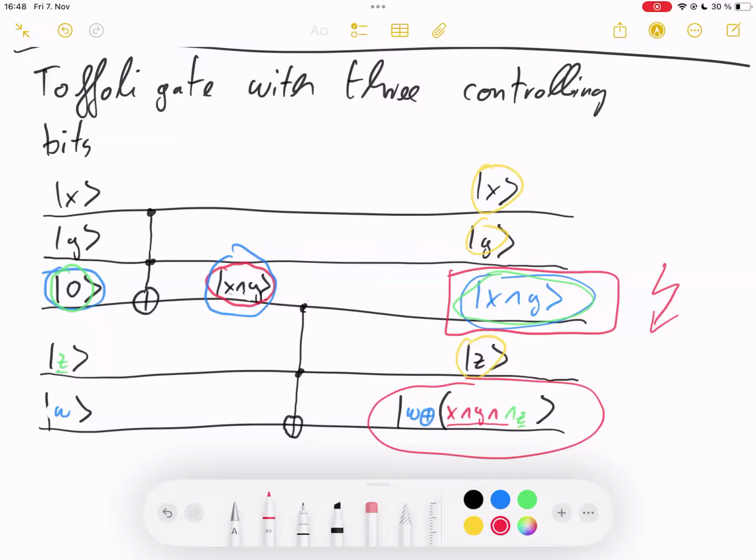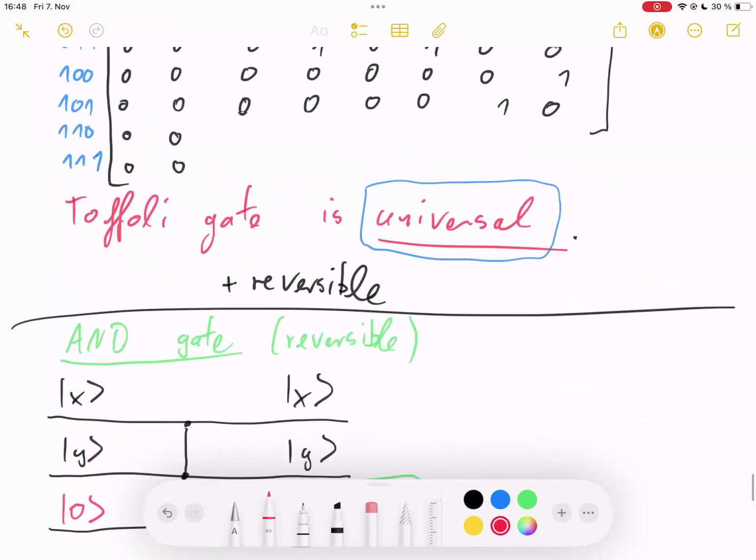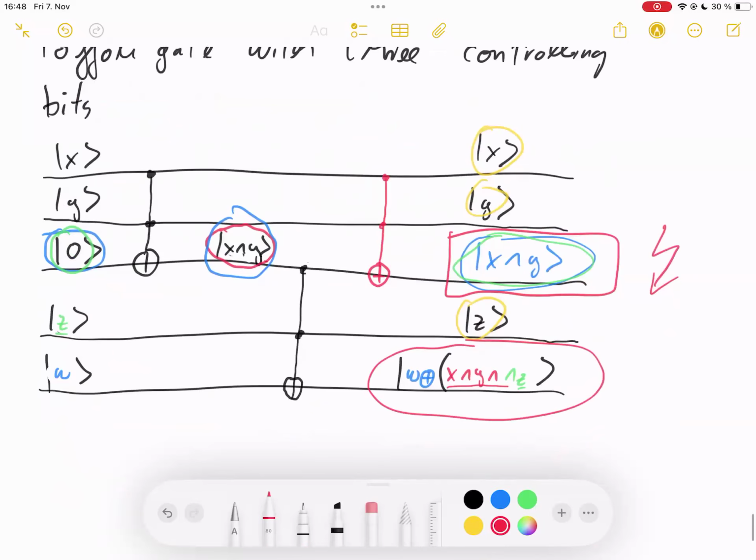But there is a surprisingly simple way how to get rid of this problem, and it's by adding a third Toffoli gate. Because the Toffoli gate is reversible. And if you multiply this matrix of the Toffoli gate with itself, it will just lead to the identity matrix.